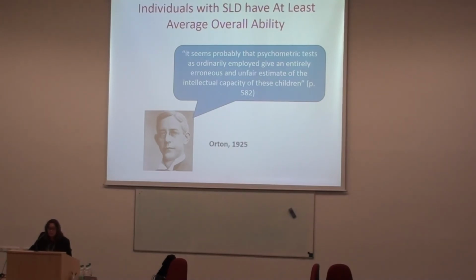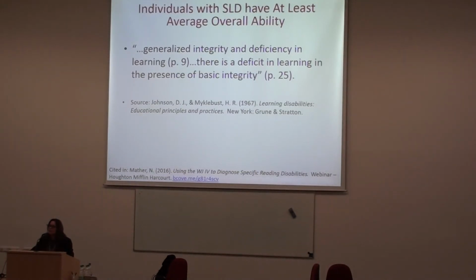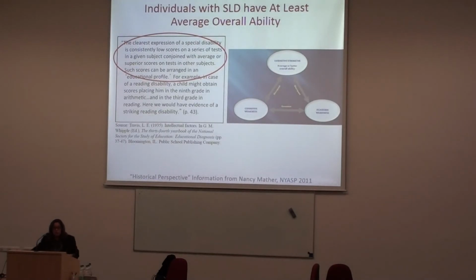That's Orton, 1925. And on it goes. There is a deficit in learning in the presence of basic integrity. The clearest expression of special disability is low scores in a series of tests conjoined with average or superior scores on tests in other areas.